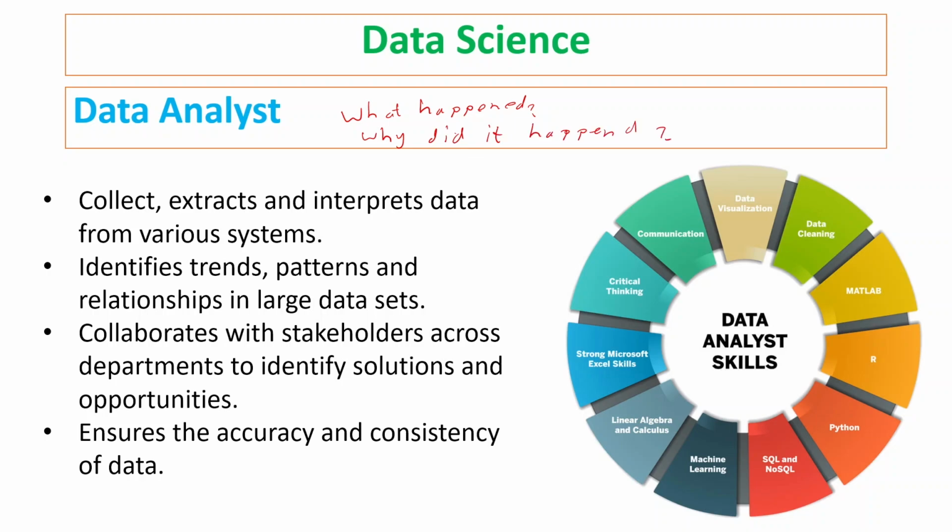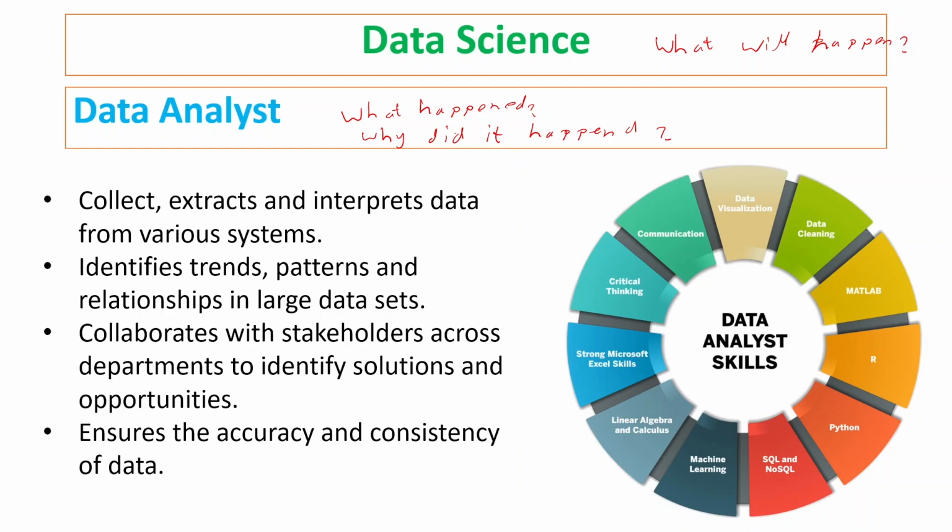But data scientists ask what will happen, they are going to predict. So basically, to become a data scientist, you need to have the knowledge of a data analyst. First, you need to analyze data, then you can build a model, and after that you can become a data scientist.